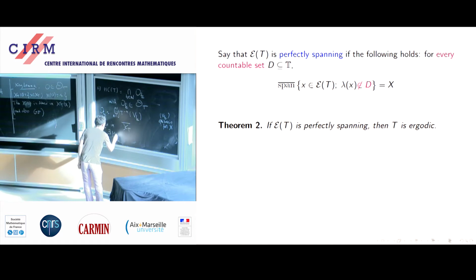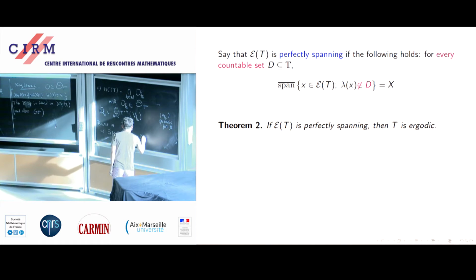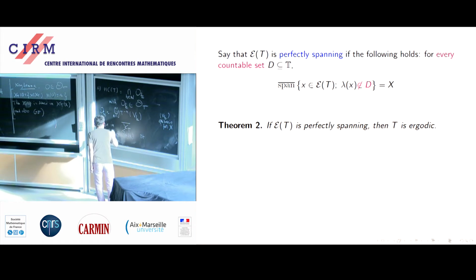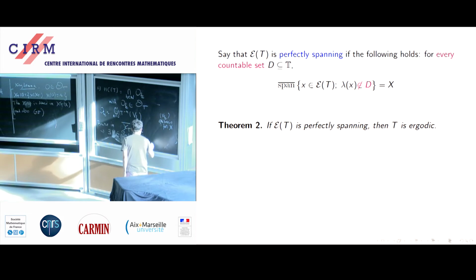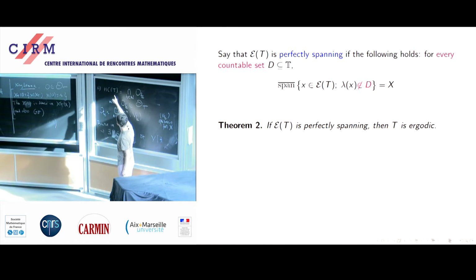you have an invariant measure, which I should call nu, such that the measure of this set, HC of T, is equal to 1.